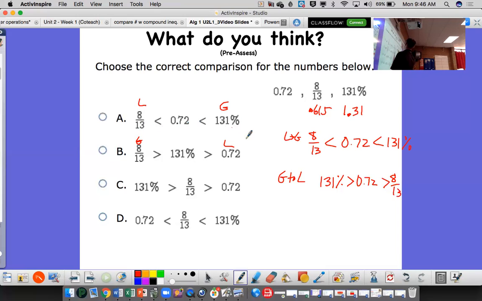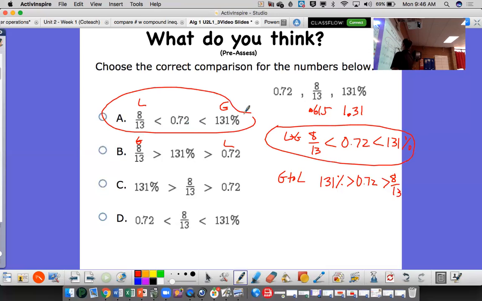I'm at a least to the greatest. It's this guy right here. It works. Okay? So don't think for 1 second that it might not be one of these too. I might have the greatest to least be the correct answer, okay? So using your symbols for a least to greatest, you use the less than. Using your symbols for a greatest to least, you use your greater than symbol.